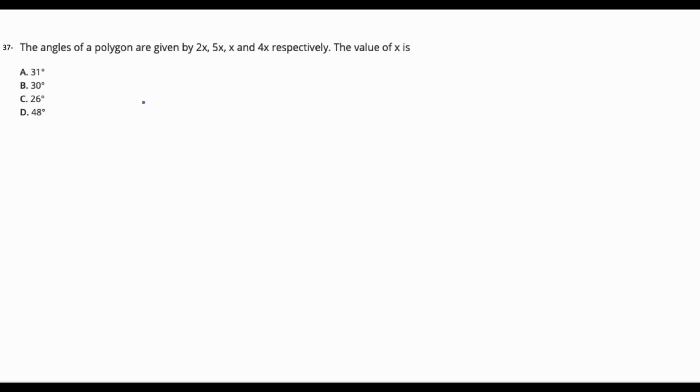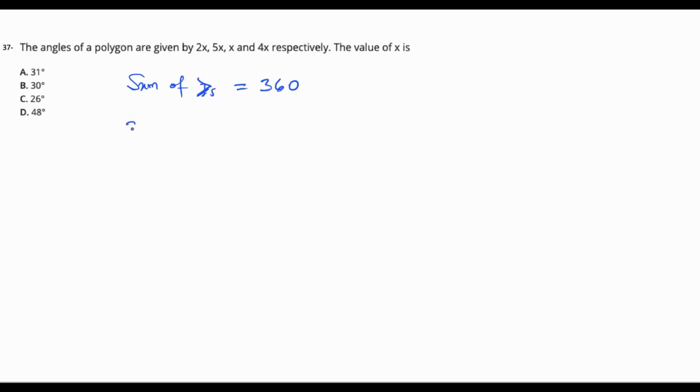Question 37 says the angles of a polygon are given by 2x, 5x, x, and 4x respectively. The value of x is. Now we can already tell that this is a quadrilateral because there are 4 angles here. And we know that the sum of angles in a quadrilateral is equal to 360.